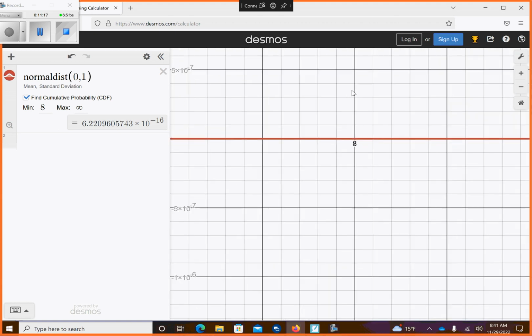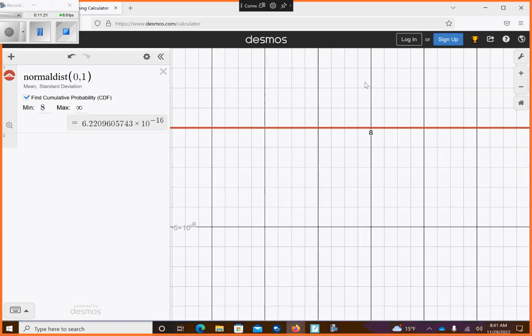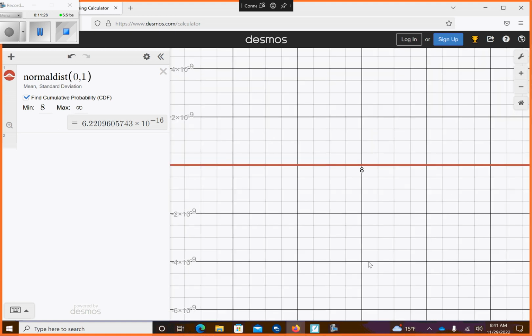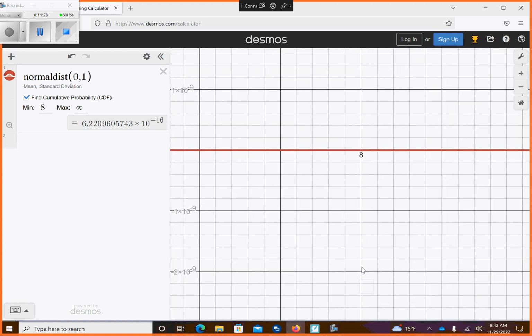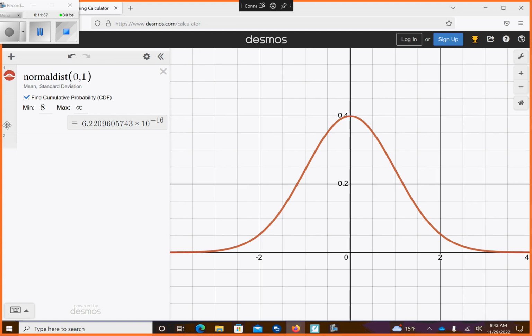Desmos is going to tell me to stop zooming in a bit. Yeah, it's as far as it goes, to the -9 power. So, yeesh. It'd be really hard to see, but you're talking about the most ungodly small. If you wanted to figure out what the percent of that is, it's 6.22 times 10 to the -14%.